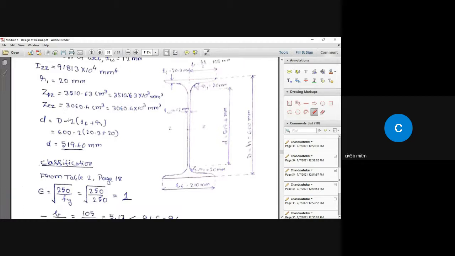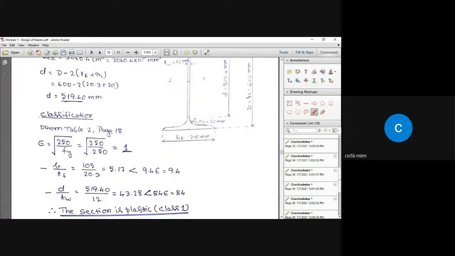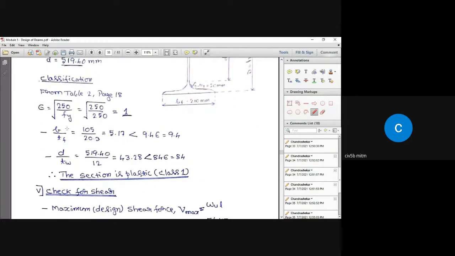Okay. Next we go with section classification. We have to check whether the given section is plastic or compact or semi-compact or slender. That's what the section classification does. Under section classification, first find out what is B divided by TF, where B is half the width of the flange.